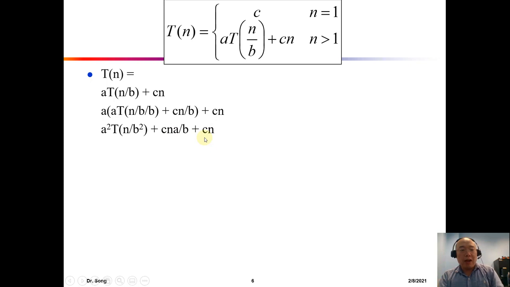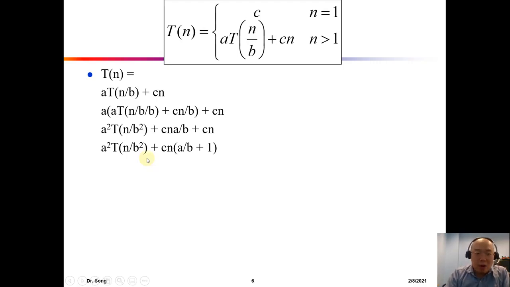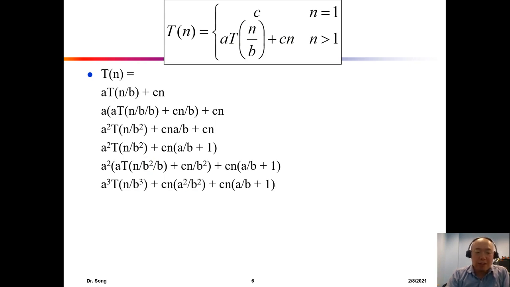Then how do I get T(n/b squared)? I substitute n with n/b squared. So I got this. This is painful, but we can do some massage, and then we got a cubed T(n/b cubed), and then plus we have an n here, and another n here.